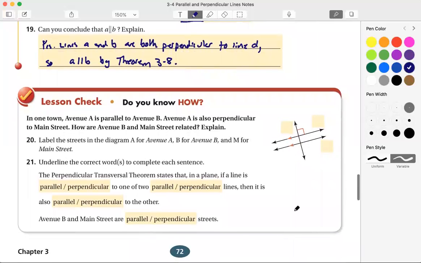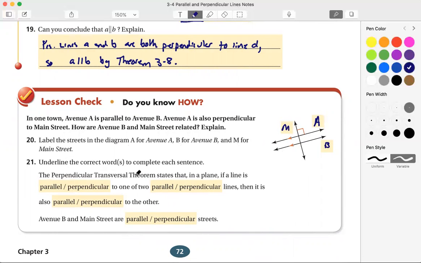Okay, so in one town, Avenue A is parallel to Avenue B, and Avenue A is also perpendicular to Main Street. How are Avenue B and Main Street related? Explain. So 20. Label the streets in the diagram A for Avenue A, B for Avenue B, and M for Main Street. All right, so this has got to be A, this has got to be B, this has got to be M. Good.